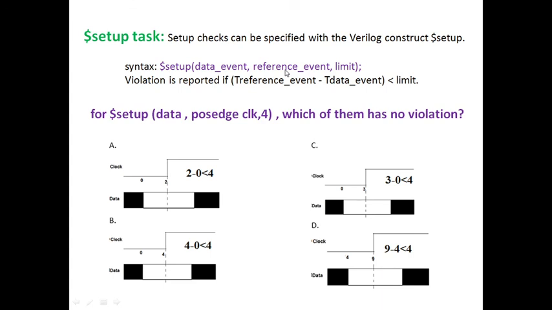The reference event is a signal that establishes a reference for monitoring your data signal. The reference event is monitoring the data event signal. Understand the difference here clearly.